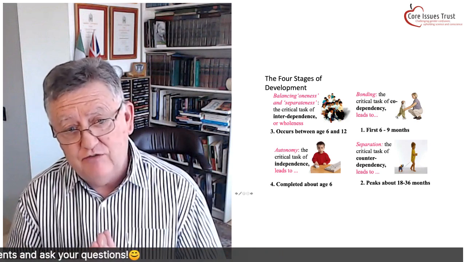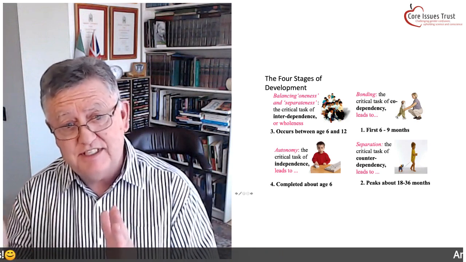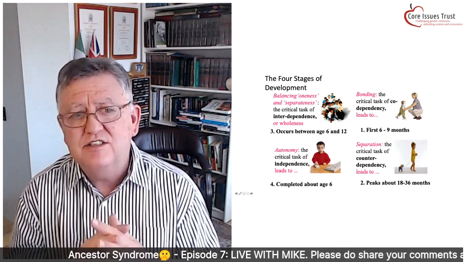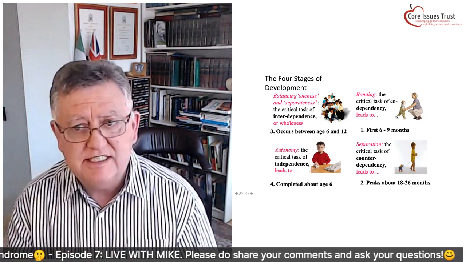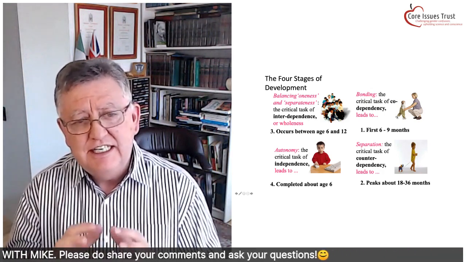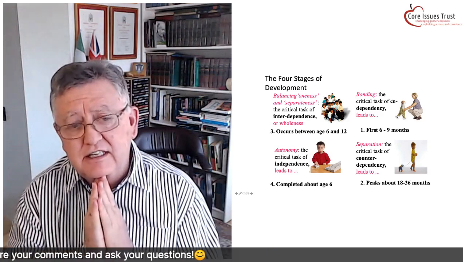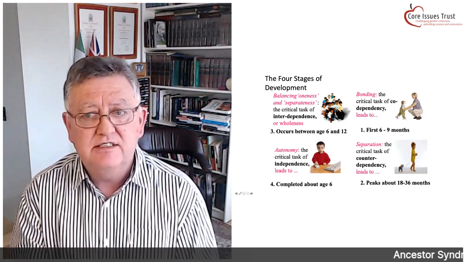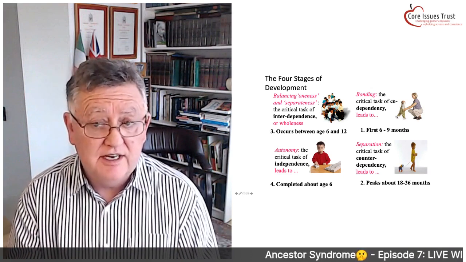He's always looking over his shoulder when he moves a little bit of distance away from his mother. But he's working towards a new kind of experience in his life. And this separation leads to counter dependency. He was fully dependent on his mother in the first 6 to 9 months.